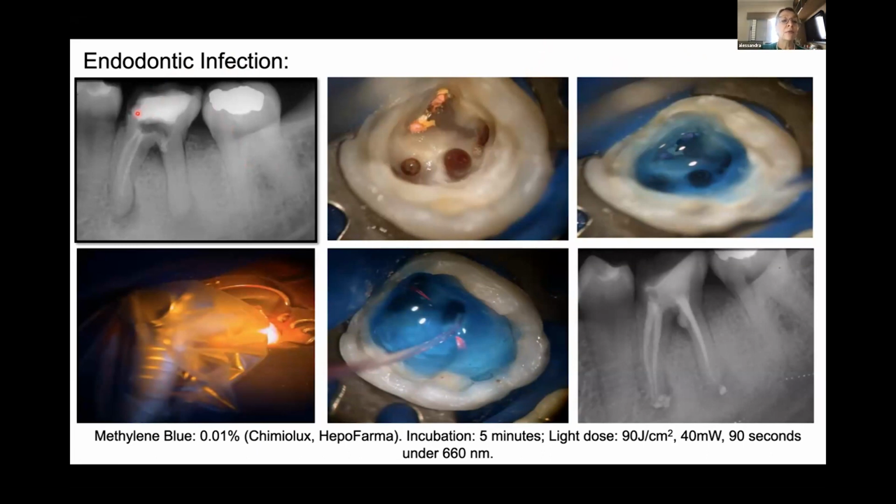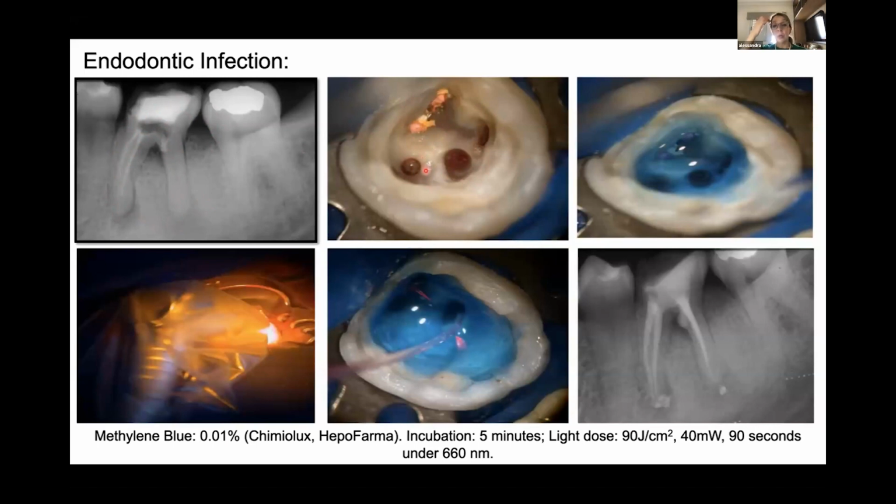So here we have an endodontic infection. Of course, I will not show you the details regarding the retreatment, because in this case, it was necessary to retreat this endodontic channels, and of course we needed to go through the mechanical removal.